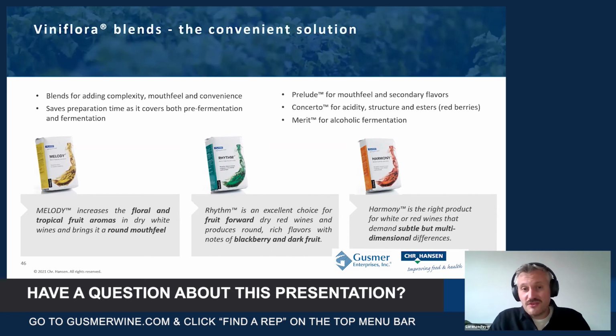We have Concerto for adding some of the acidity, some of these red, fresh berries. And exactly, that's a world that can be started to be discovered by using blends at a different ratio. So we have these 3 blends that Gusmer is commercializing.